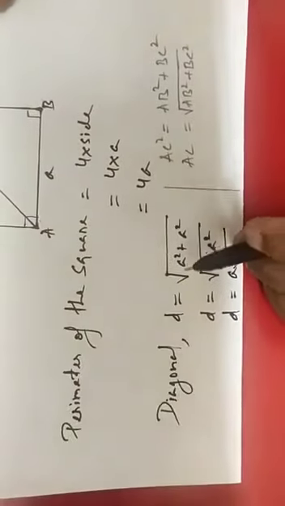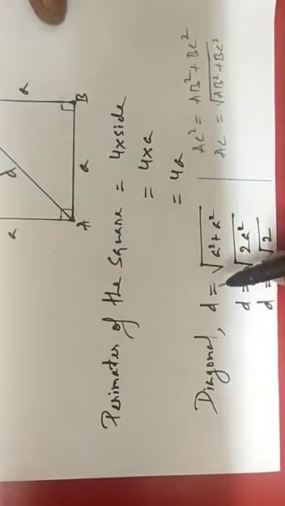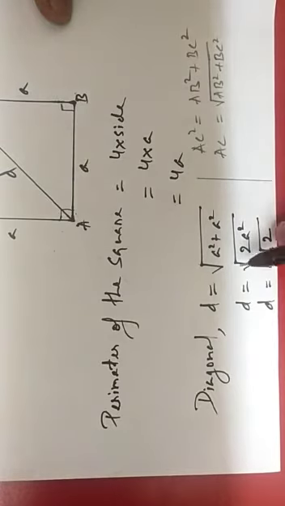So D is equal to root over of A square plus A square, that means D is equal to root over of 2A square. The square root of A square is A, and root 2 we write as it is. So D is equal to A root 2. Is that clear? This is the formula for finding the diagonal of a square, D is equal to A root 2, where A is the side of the square.